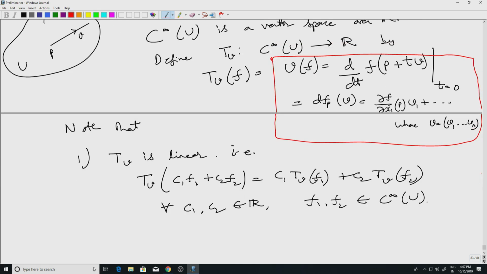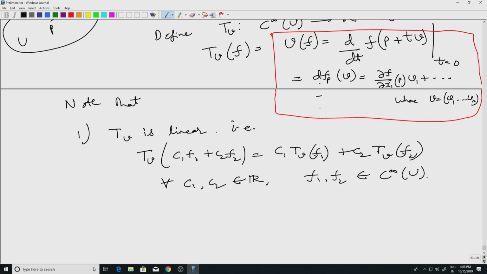The linearity with respect to functions, even if you use this d by dt of f of P plus tV, it is clear enough. Or I can use this here, or any of these three things will show this linearity with respect to functions. Later on, I'll be needing linearity with respect to V, then one will have to use a different one. At this stage, any of these three things will do.